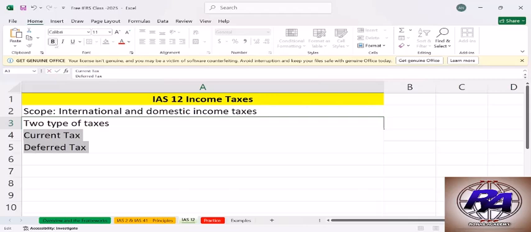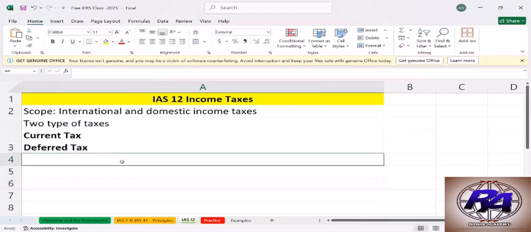Once we are done with these two, we call it a day, because the whole standard is about these two types of tax. Without wasting time, let's pick the first one, which has to do with current tax.